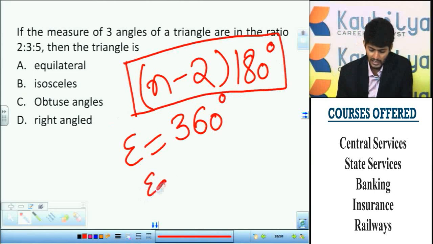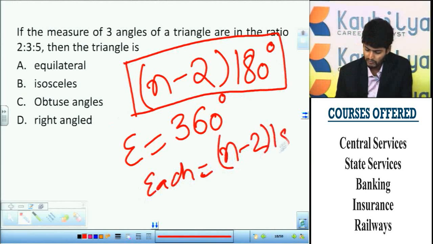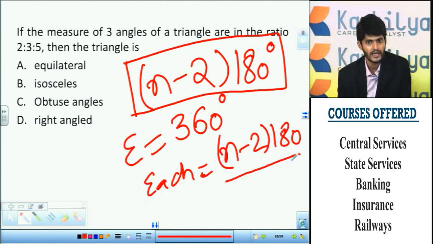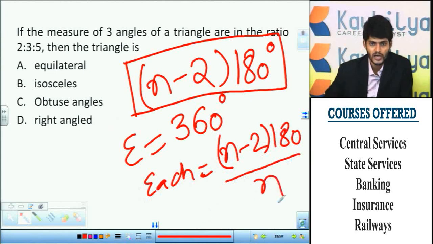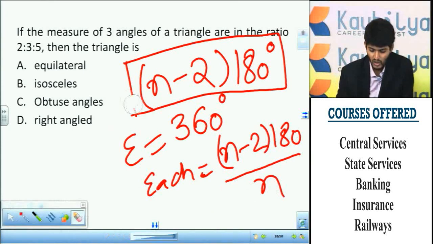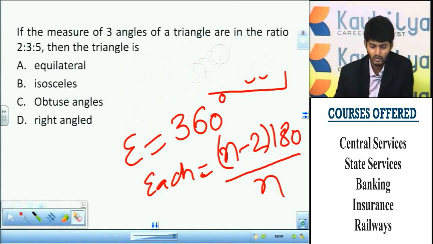Each interior angle would be equal to (n minus 2) into 180, which is the sum of all interior angles, divided by n, since it has n sides and so n angles. So each interior angle would be (n minus 2) into 180 degrees by n. Suppose a triangle is a regular triangle, then automatically it will become an equilateral triangle, because all three sides would be equal.